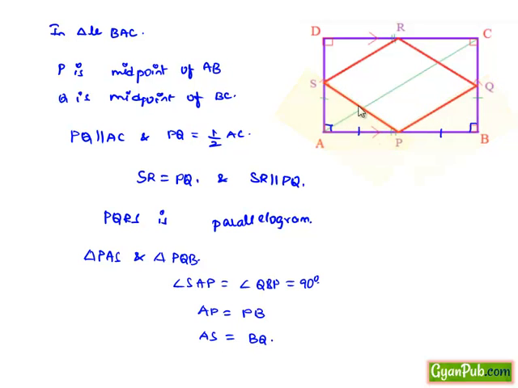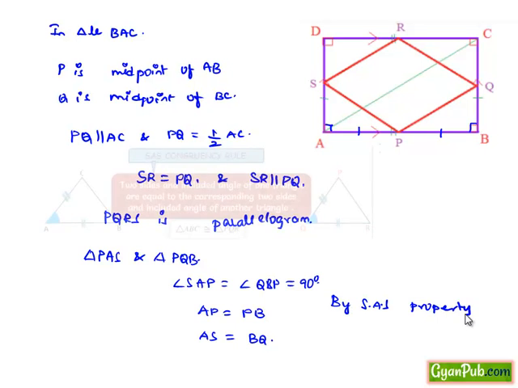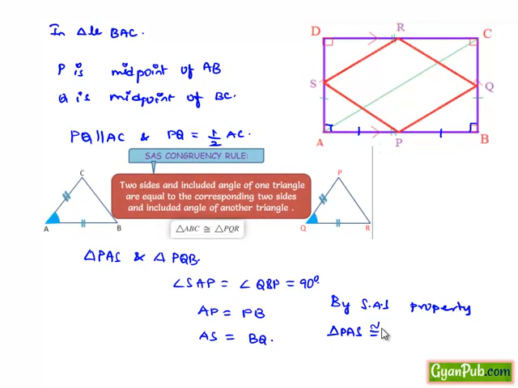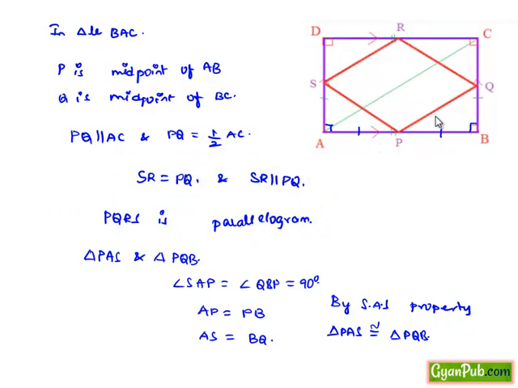Now here in triangle PAS and triangle PBQ, according to the SAS property, the two triangles are congruent. That is, triangle PAS is congruent to triangle PBQ. When two triangles are congruent, the corresponding sides and corresponding angles will be equal.